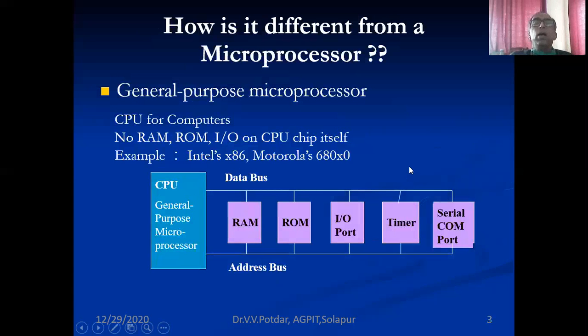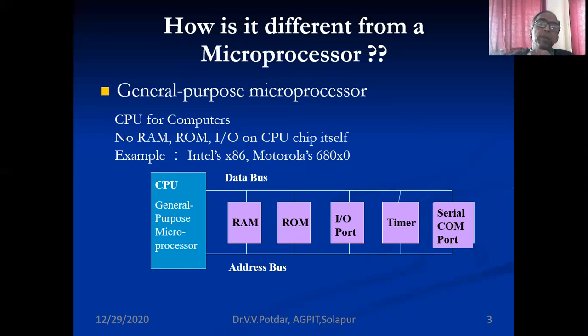So how is it different from a microprocessor? We have seen that a general purpose microprocessor, which is part of the CPU of a computer, has no RAM on the microprocessor chip. You have to have a separate RAM slot and a RAM.